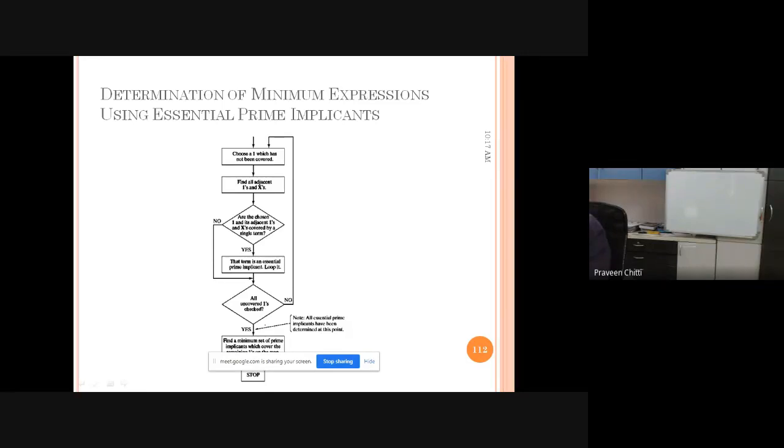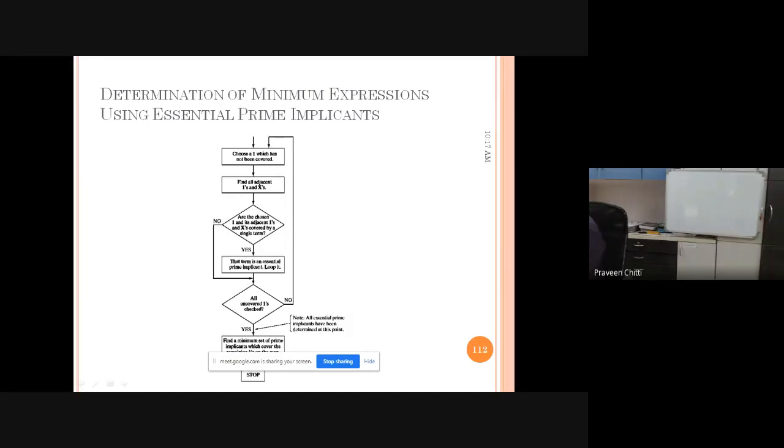This is the flowchart for the K-map method. All of you should go through it. This is also important. Many a time they will ask, with the help of a flowchart, explain the K-map method. So whatever I have explained just now is put in the flowchart. Choose a one which has not been covered, find all adjacent ones and x. Are the chosen one and its adjacent ones and x covered by a single term? Yes, then that is essential.